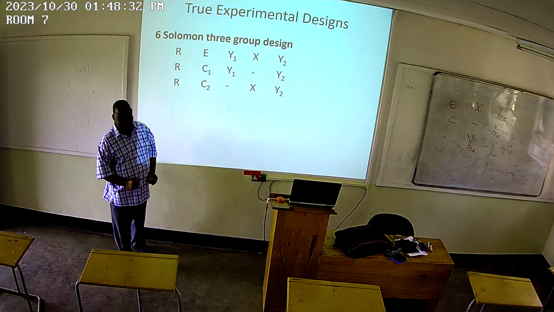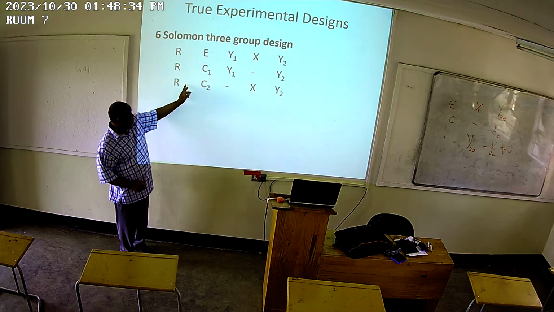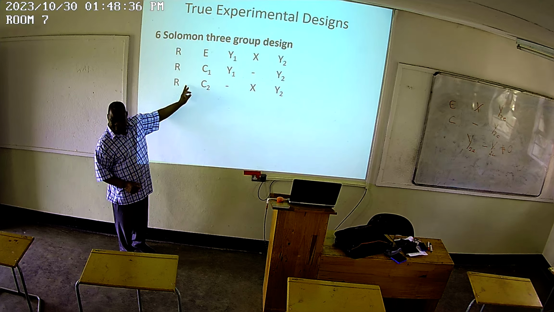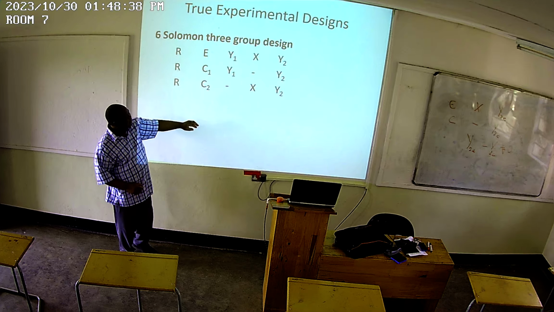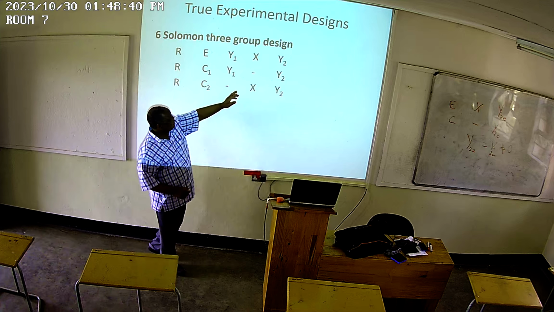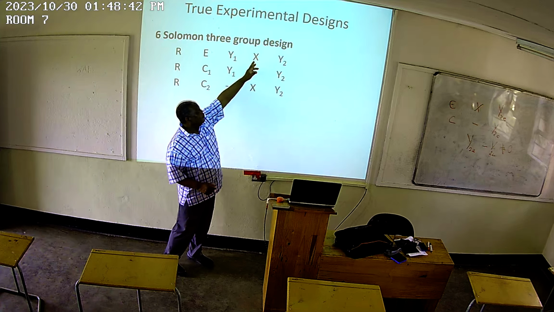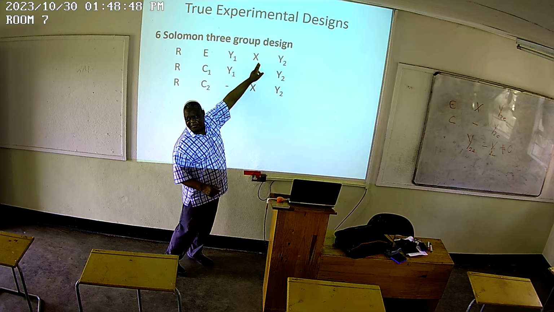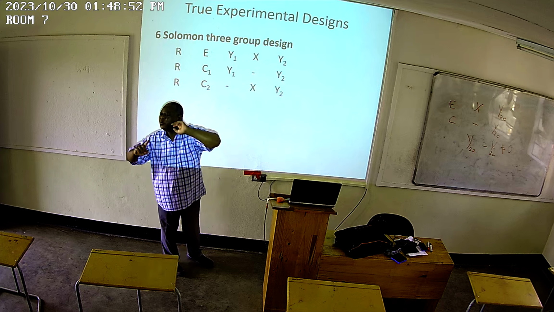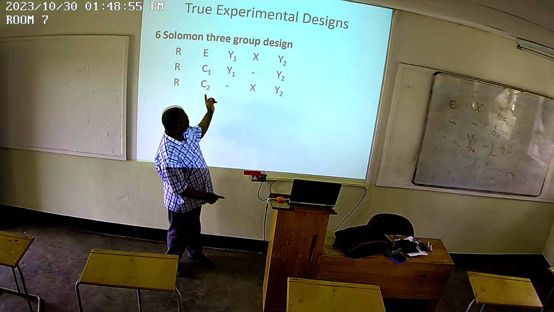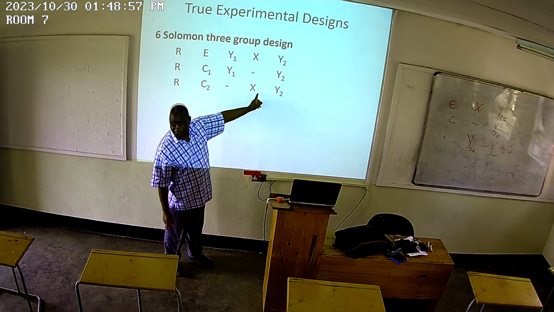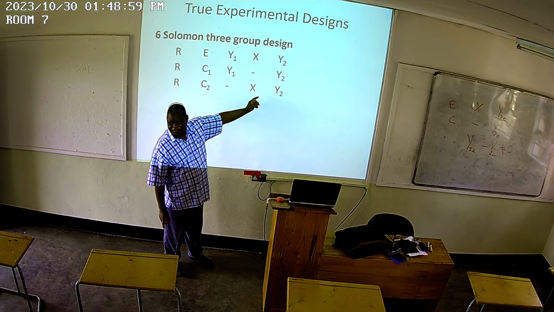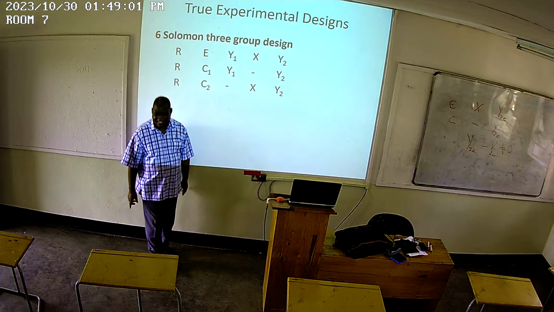Then you introduce an intervention to increase their income in the experimental group. And you also introduce the same intervention in the control group too. Why do you want to do that?